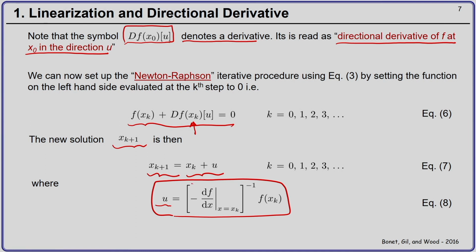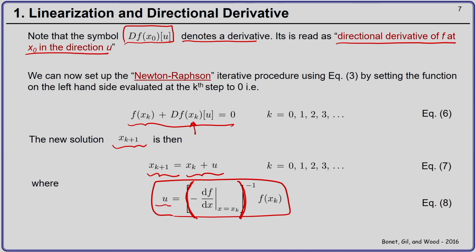There is a square bracket, so let me make it another kind of bracket, because I told you square bracket will have a special meaning. So, you compute df by dx at x equal to xk, take the negative of it, take the inverse and then multiply it by f(xk). You will get the value of u.